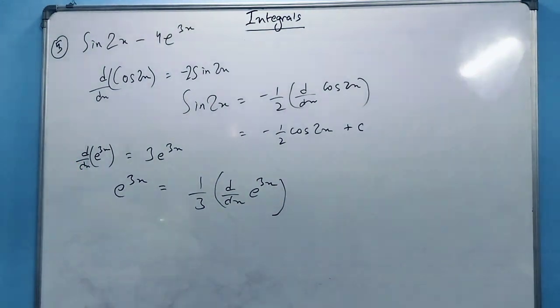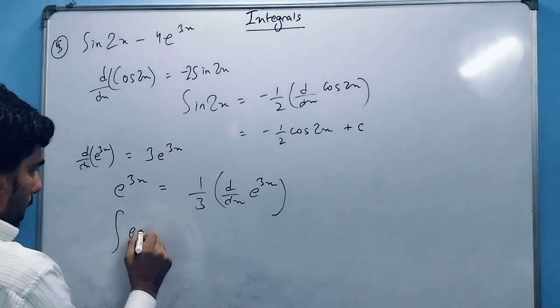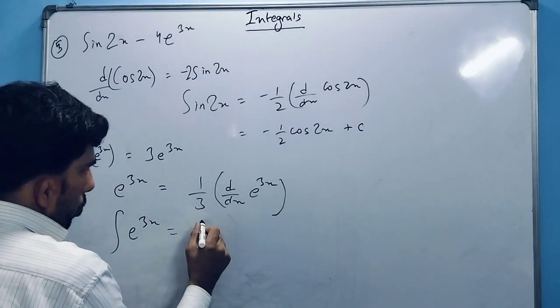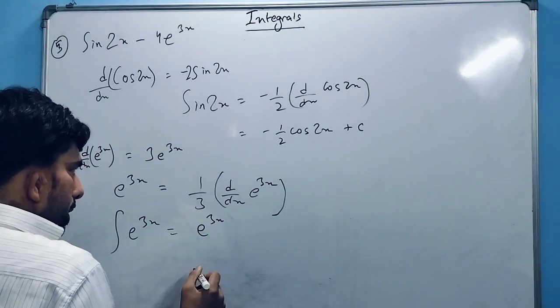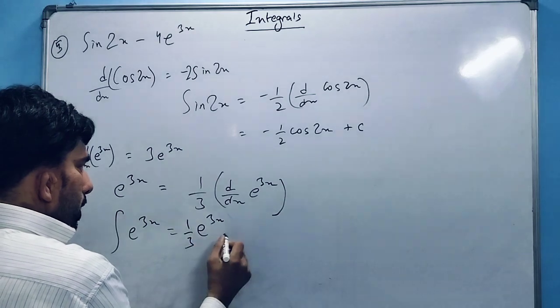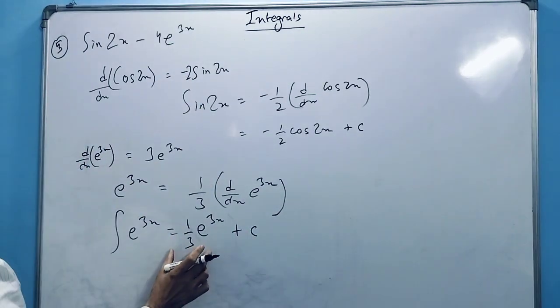Okay, so now what will happen? We got the value here, the integral of e raised to the power 3x is 1 by 3 e^(3x) plus c. But here we have 4, so we will multiply it with this 4.